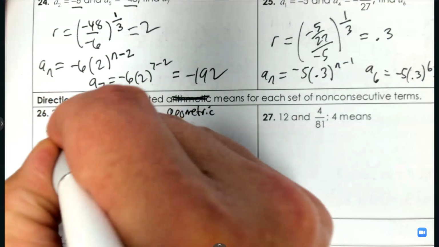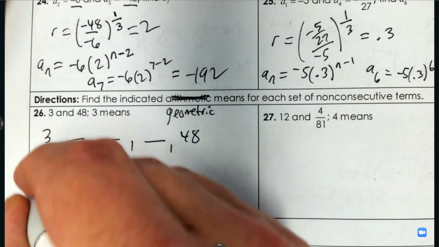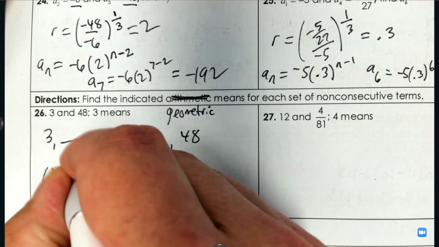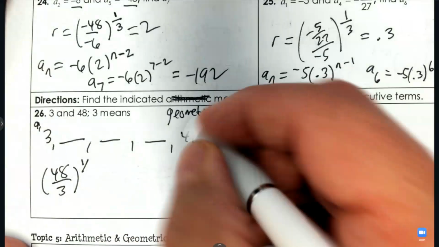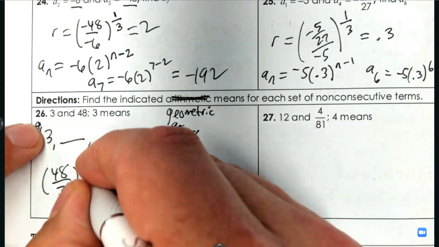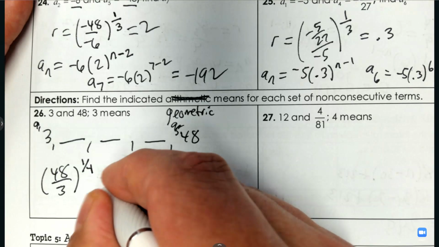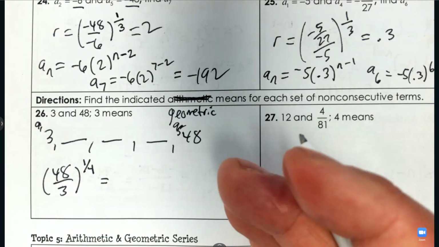So we're going to have 3 numbers that are missing and then 48. So we're going to take the last number divided by the first and go 1 over and subtract. So this is A1, 2, 3, 4, 5. So there's 5 terms. So I'm going to go 5, take away 1, and I'm going to type that into Desmos. So press pause, type this into Desmos, and get an answer.